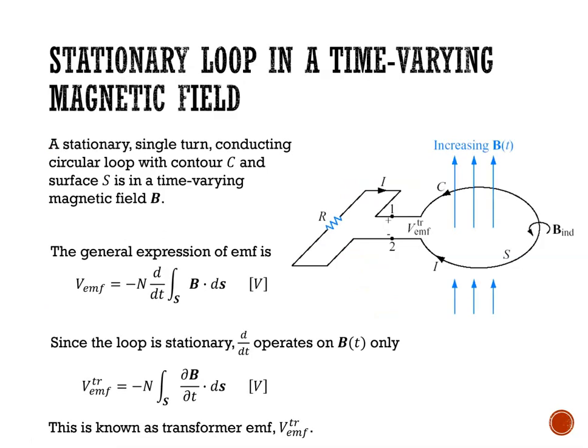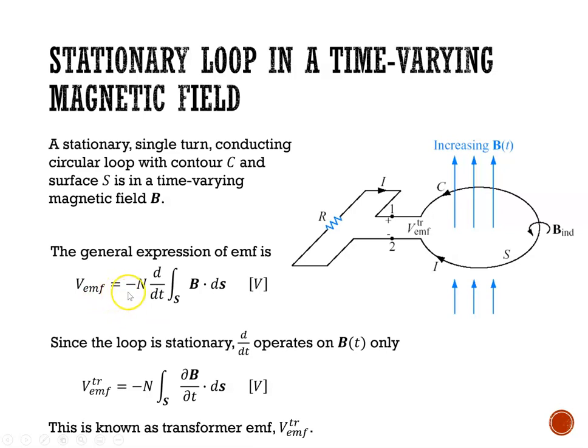Take a stationary single-turn conducting circular loop with contour C and surface S, so this is the surface, and the magnetic field is passing through it, in a time-varying magnetic field B. The general expression of the EMF is the one that we have earlier, which I have highlighted with the red box.